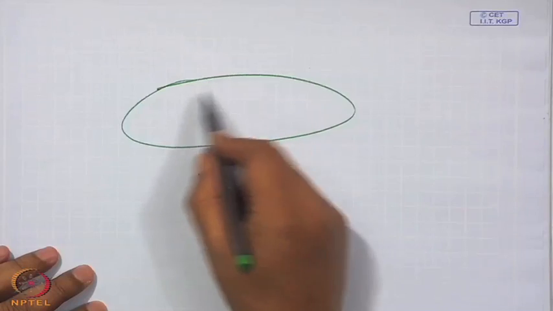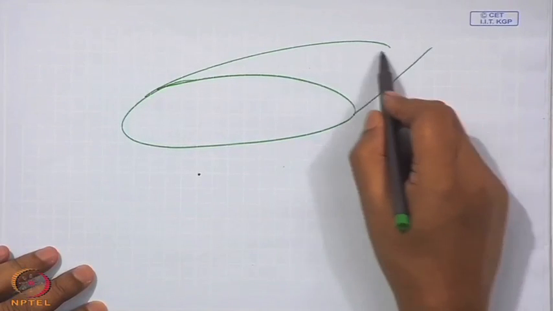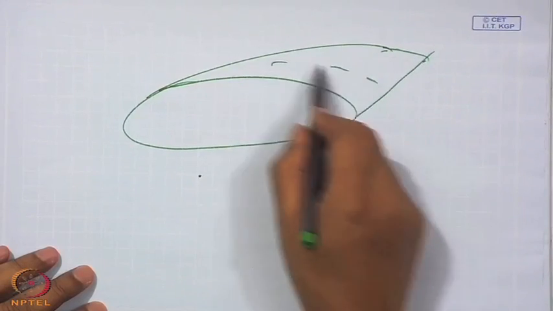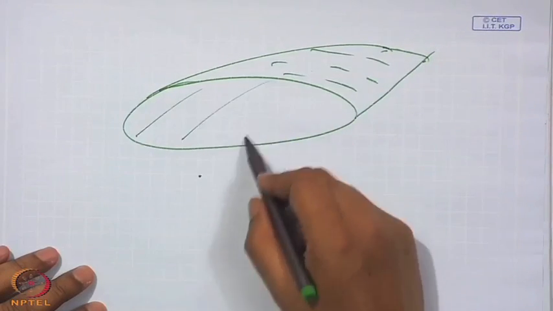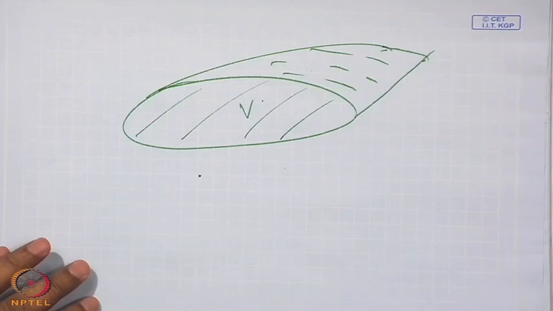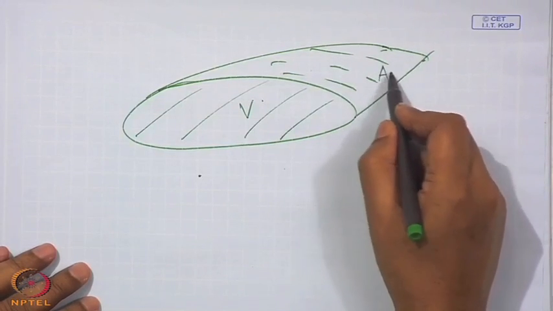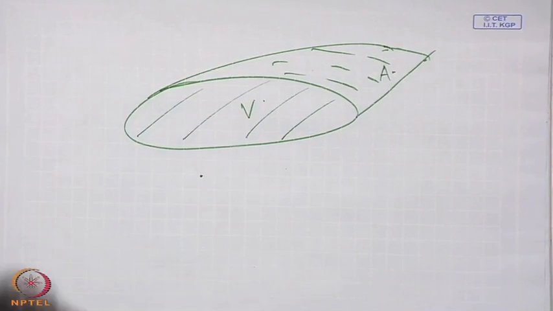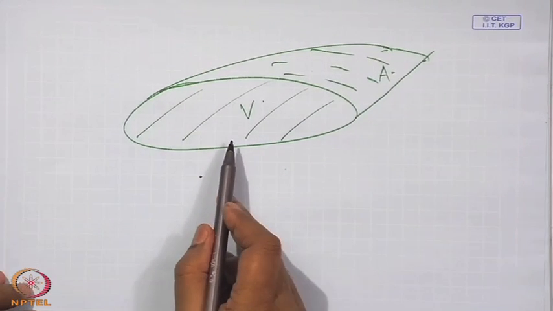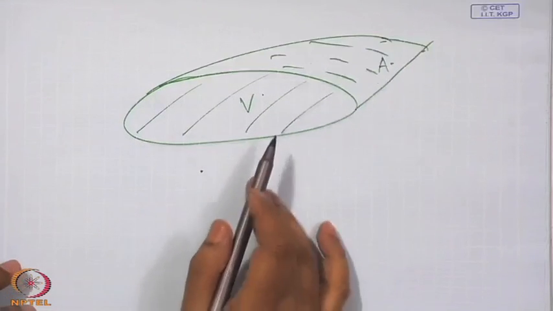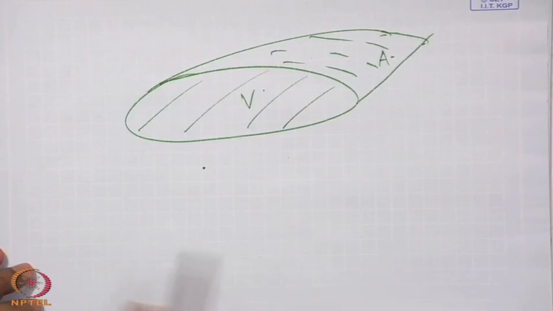Now, consider any general volume, V, which is bounded by a surface area A. So, once again the change in mass within this volume is the same thing.